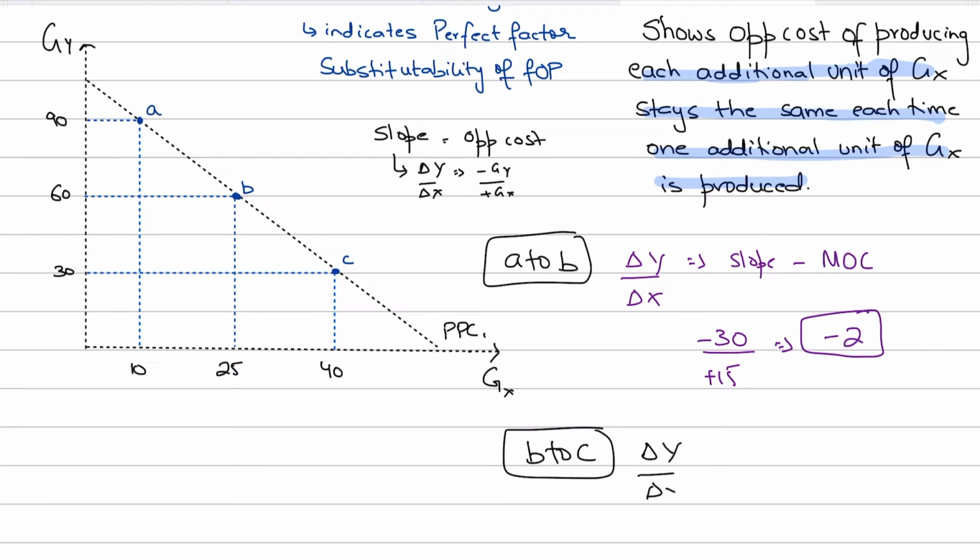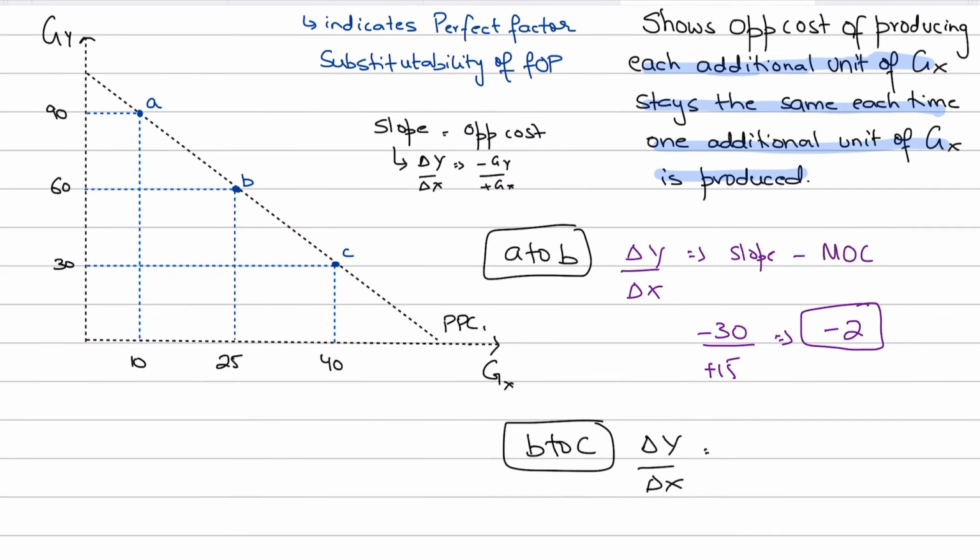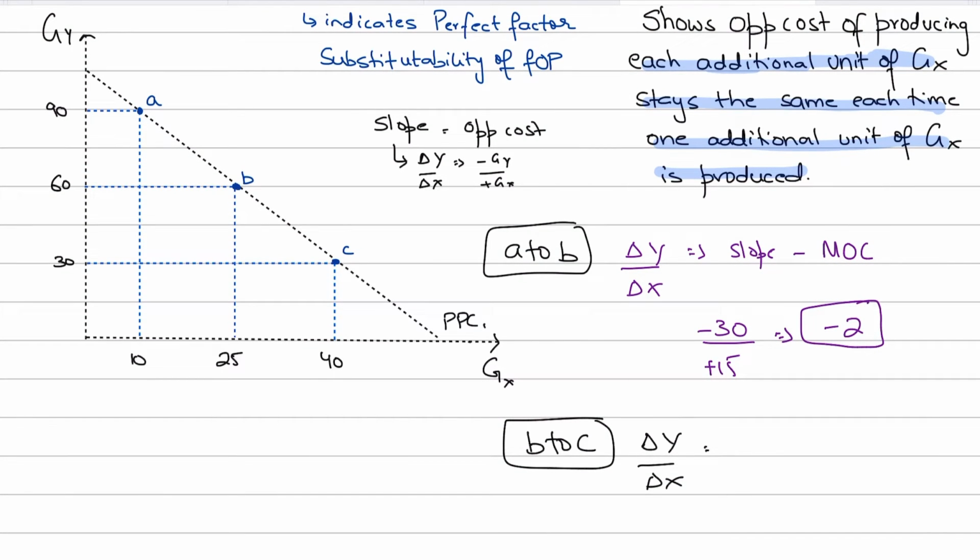The slope here would still be constant, that is, the same as 2. If you move from point B to point C, how many additional units of good x have you made? The change in x is again 40 minus 25, that is 15. And the change in y is again negative 30.